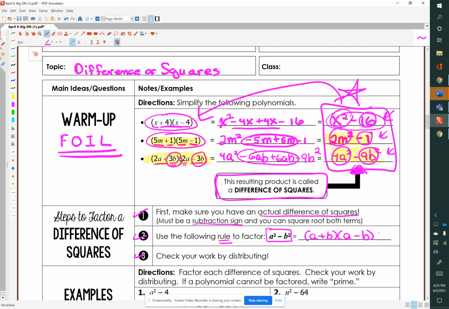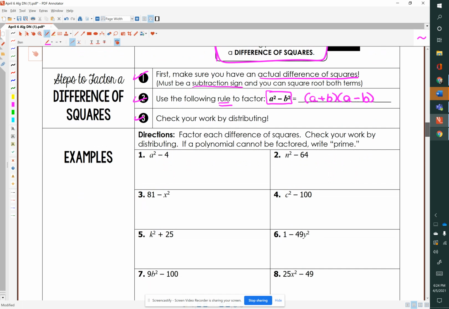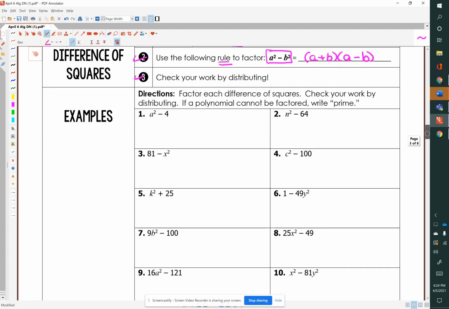You can use FOIL or just distribute in any order. Just make sure you don't do anything twice. And you should end up with your original problem. So let's try a few together, and then you'll try a few on your own. So we're asked to factor each difference of squares, and we're going to check our work by distributing. If a polynomial cannot be factored, we need to write prime.